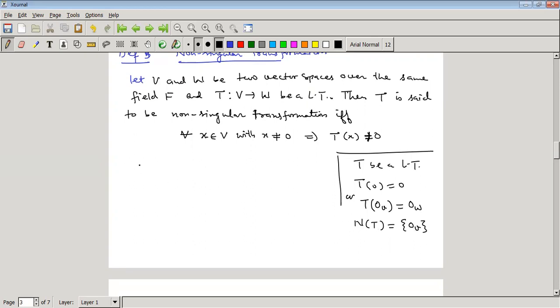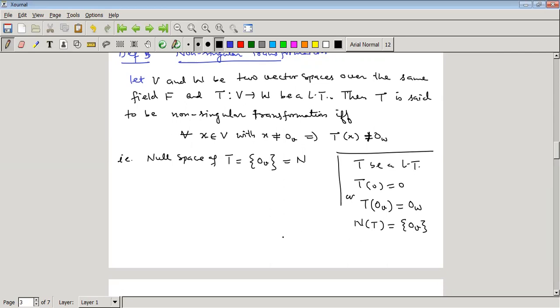So we can say that the null space of T is equal to the singleton 0v, and that is also equal to the nullity. Or we can also say if x is not equal to 0v, T of x is not equal to 0w.